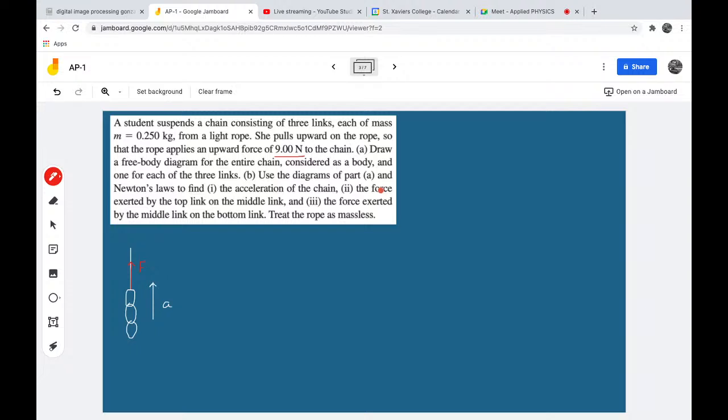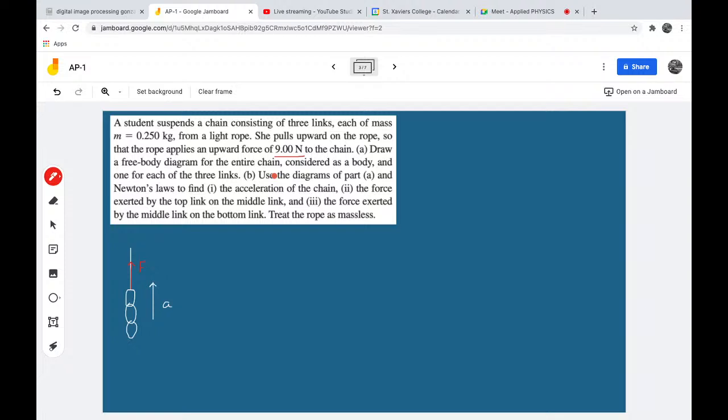So you can start with part A. I am very slow in solving it. Please go ahead, and if you can solve it, do it. And those who are finding it challenging can work along with me. It says draw a free body diagram for the entire chain.